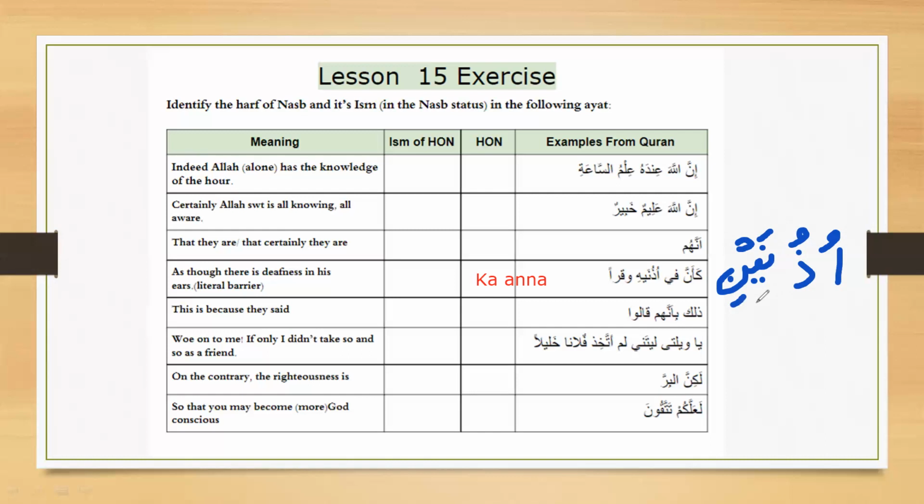Ani, aini, aini. So this is aini. Aini can be nasb or jar in status. Because this is following fi, it's jar in status, but at the same time it's coming as a mudaf. So mudaf cannot be heavy. So this noon should go away to make it light.